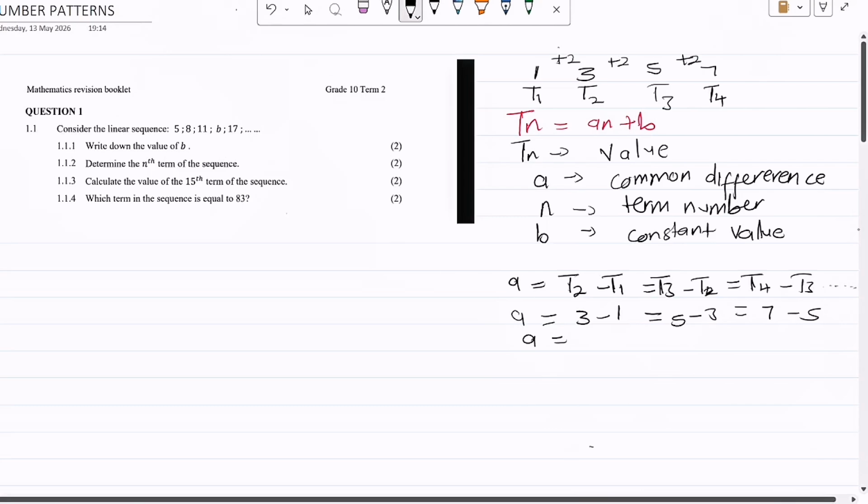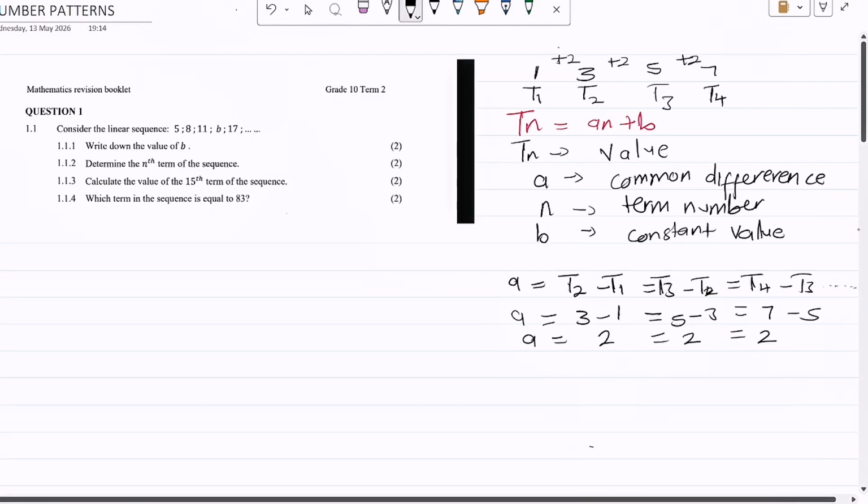The difference is 2. So you see that difference doesn't change because you are dealing with linear sequences or arithmetic sequences, or linear number patterns.